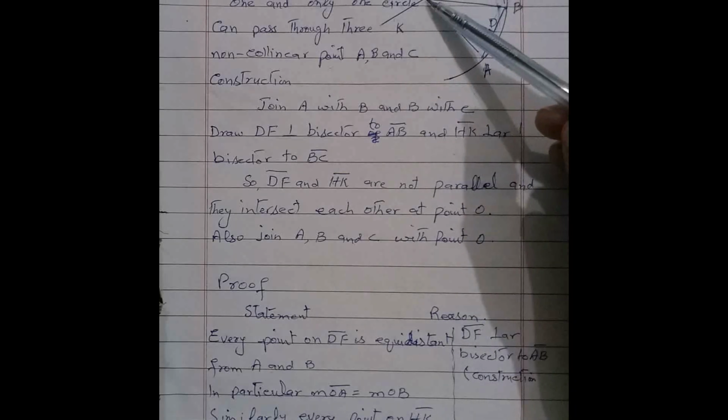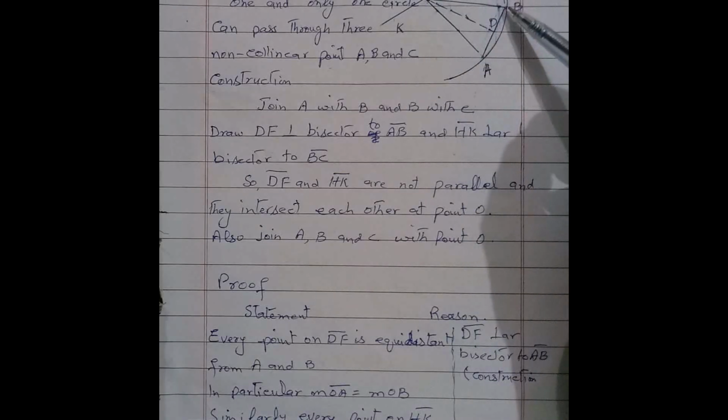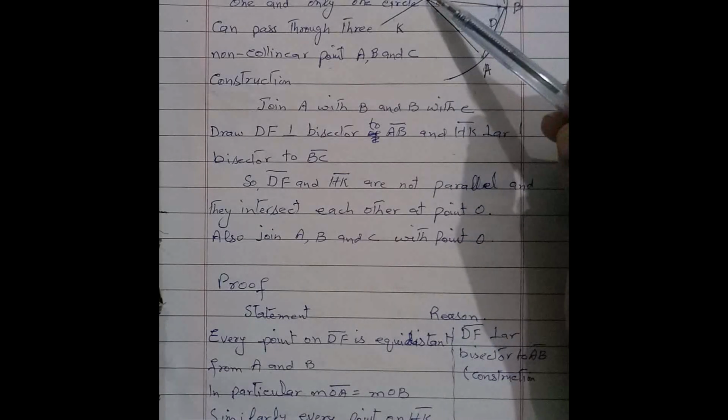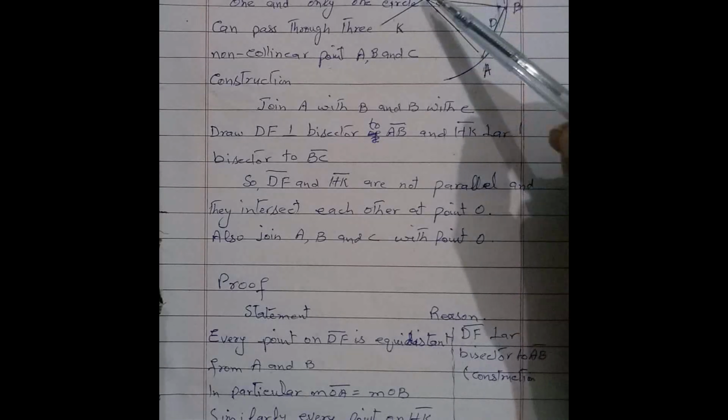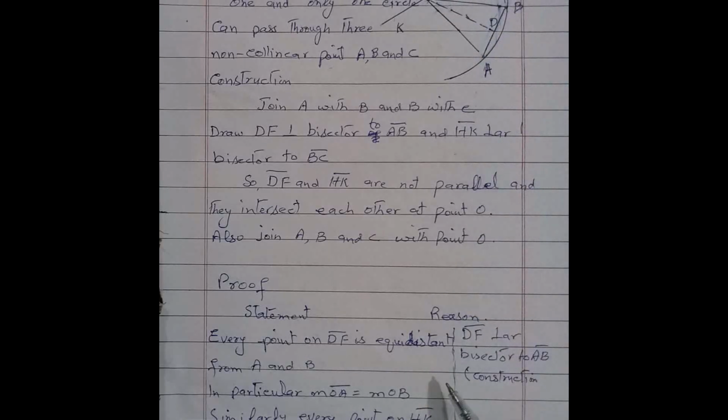It means O is a point on the perpendicular bisector of AB, which means measure of OA is equal to measure of OB.